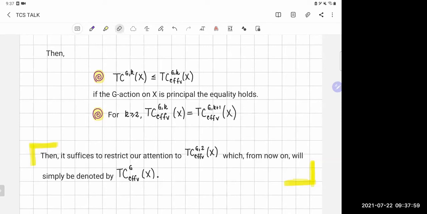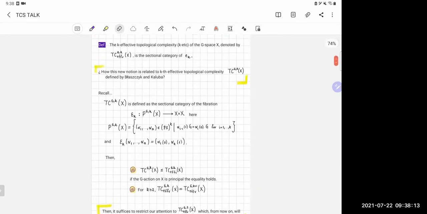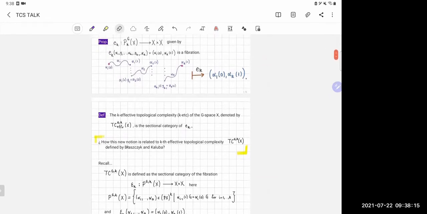We decided to work with this version because we think it has a slightly better behavior than Blasinski and Kaluba's. For example, this space, this one, is designed to encode precise slipping information that assembles a broken path here.